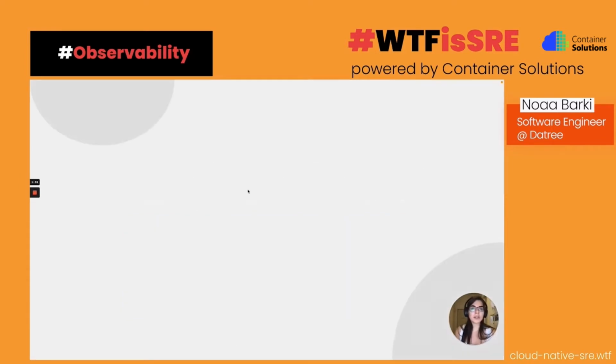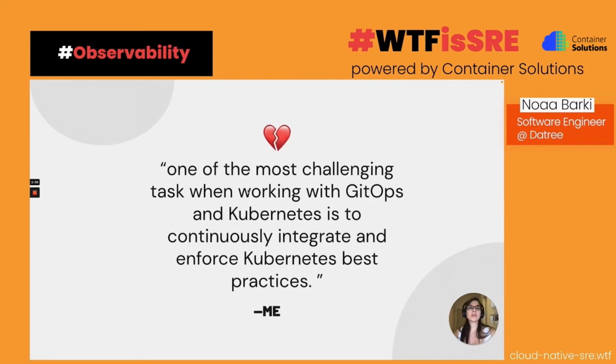I also learned that when it comes to GitOps and Kubernetes, the most challenging task is to continuously integrate and enforce Kubernetes best practices. And the reason why, in my opinion, is because Kubernetes involves a lot of different personas, almost everybody in the R&D department.